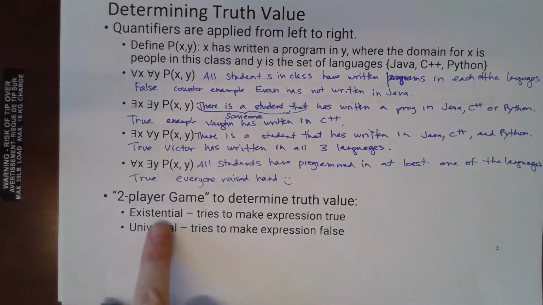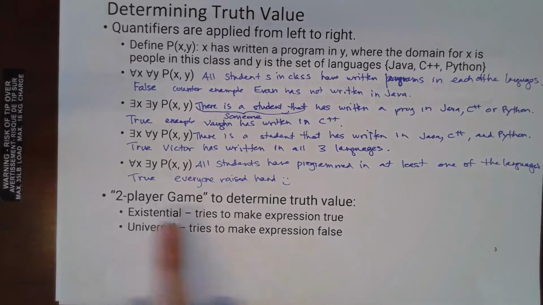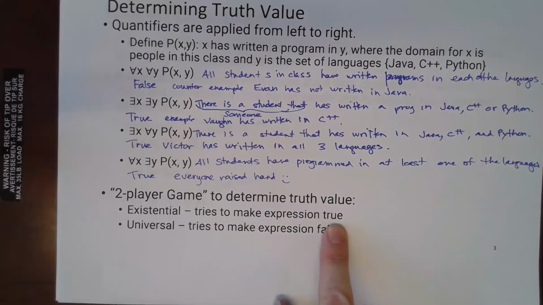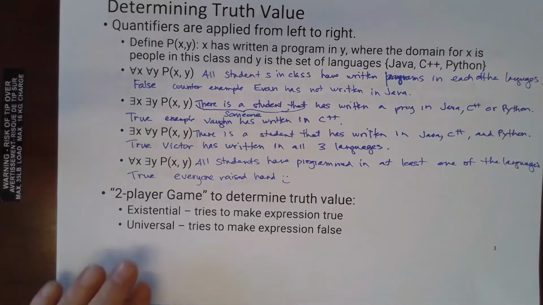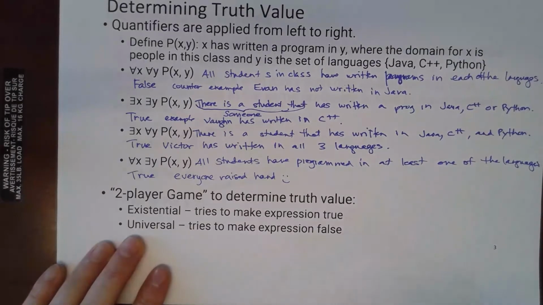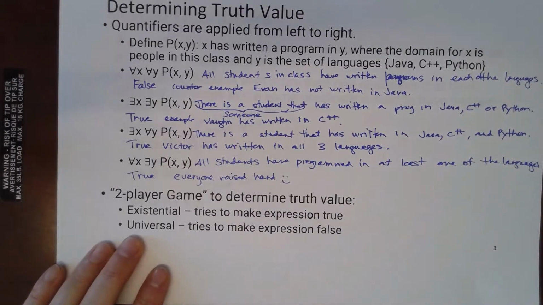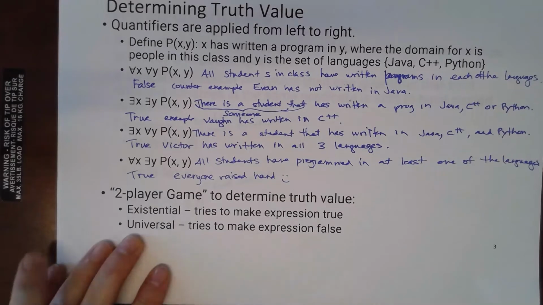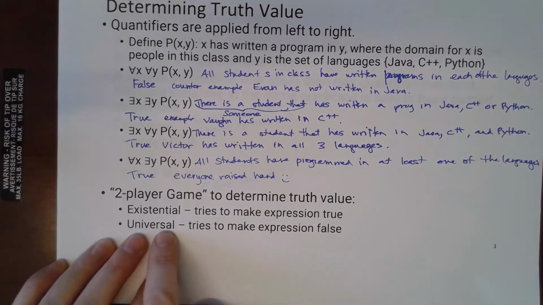So the existential is trying to make the expression true because that's the easy thing to do. The universal quantifier, on the other hand, the easy thing to do is to try to prove that something's false. For the universal, if I can just find one counterexample, I can show it's false. So for any variable that's bound by a universal, you're asking yourself, could I make this false?